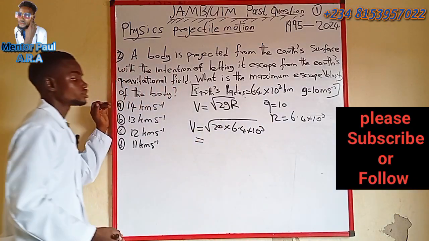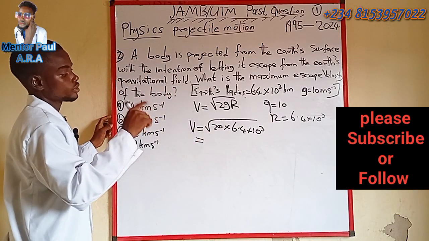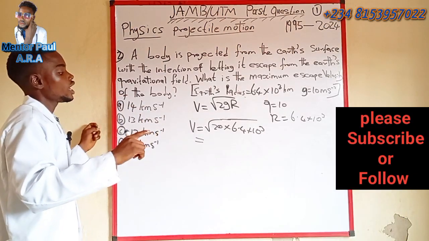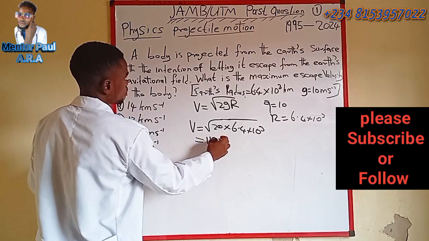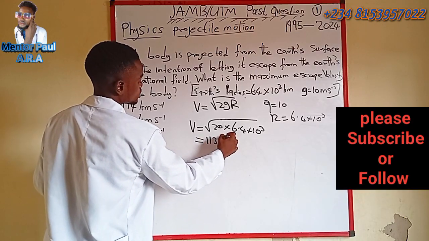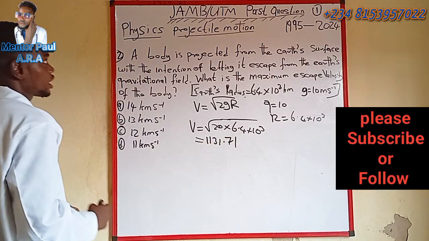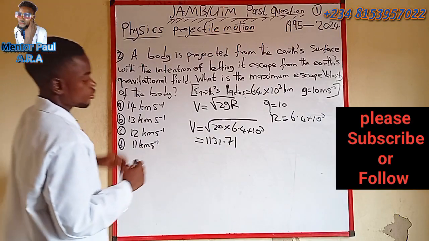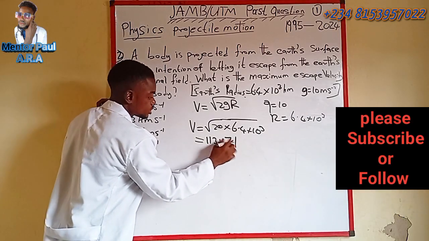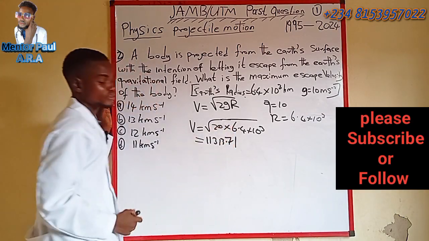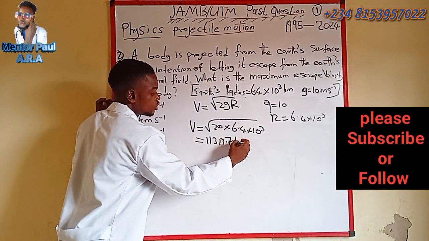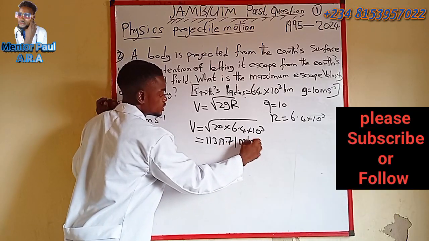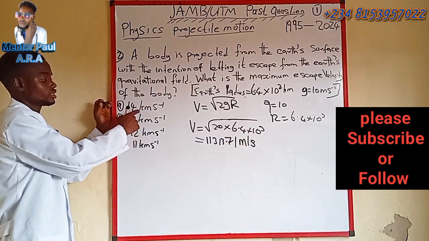Now if you work this out, 20 times 6.4 times 10 raised to power 3, and you root it, you're going to have a value of 1131.71. Am I correct, guys? Check if I'm correct. Sorry, there should be a 3 here. 0.71.